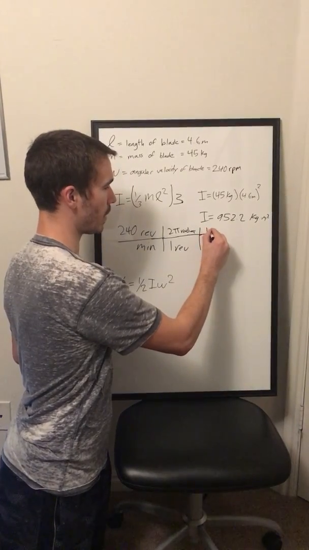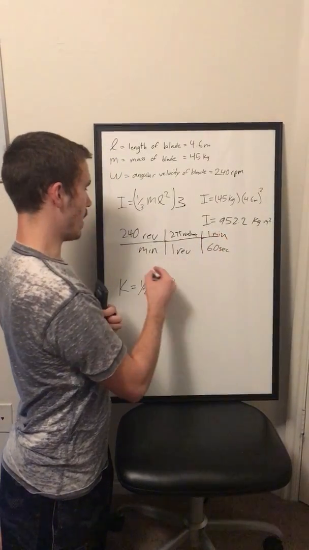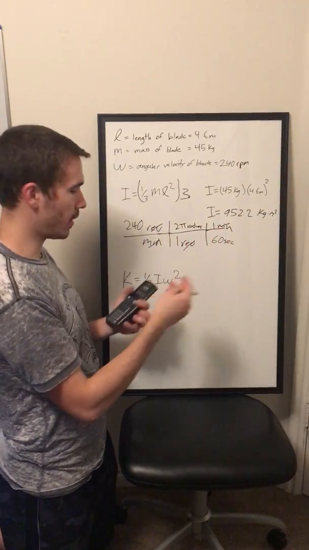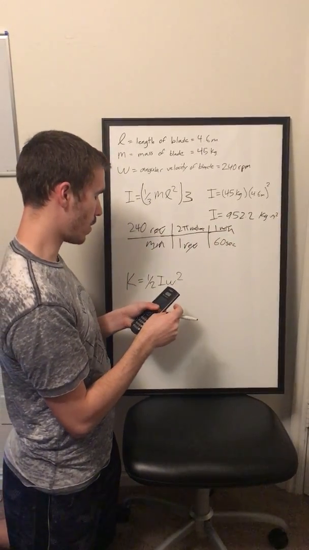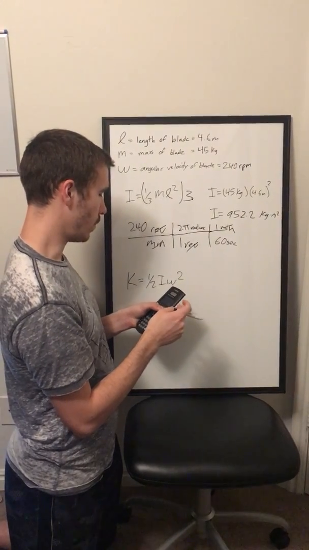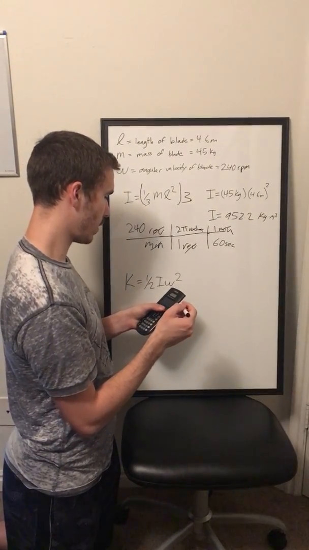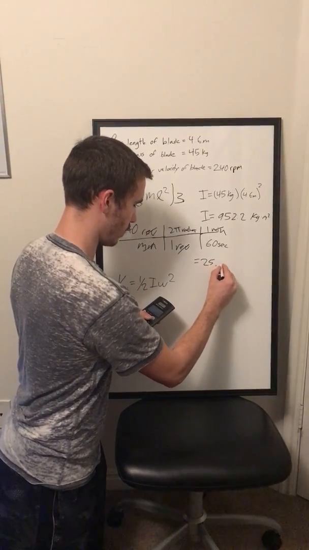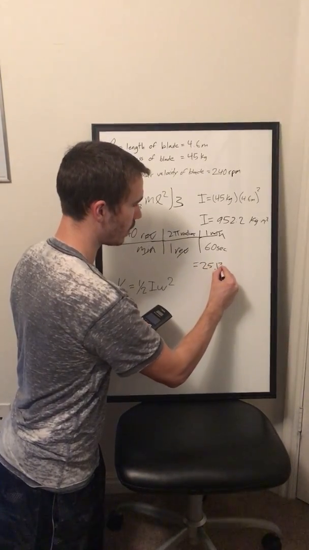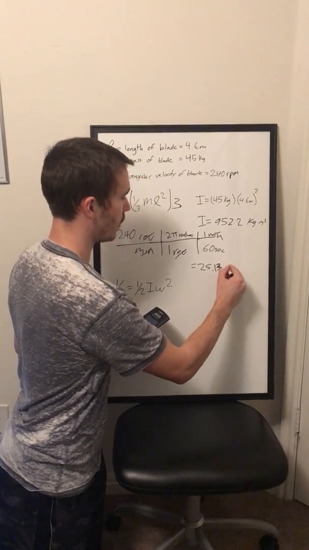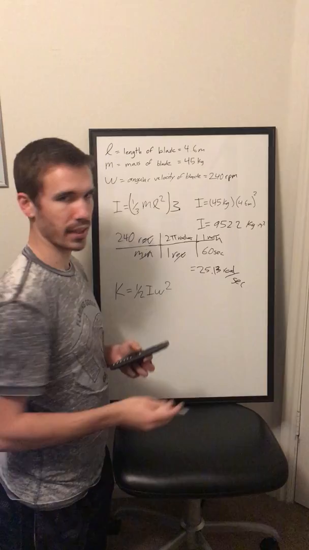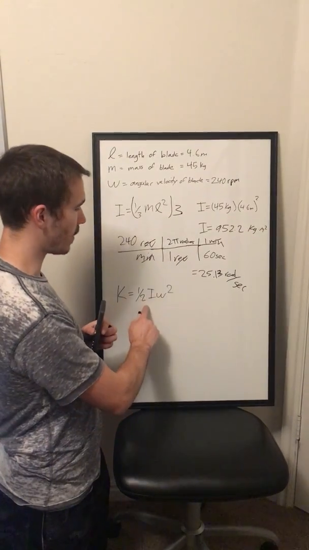So we'll put our minutes up here so it can cancel out, and then when we cancel out the units, we're left with radians per second. And so when we run this through our calculator, we should get 25.13 radians per second.